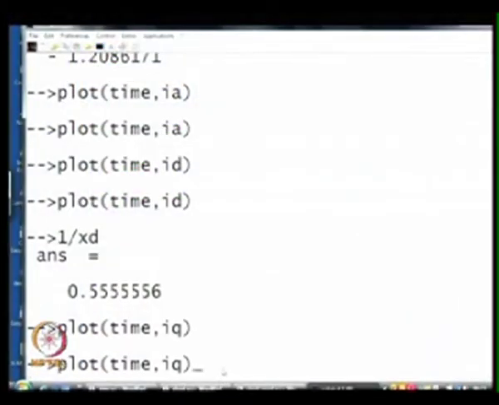Now we move on to trying to understand some other aspects of a short circuited generator. If you look at the initial value just at the time of short circuit, the currents are very large. IQ is of course 0, but ID is in fact quite large.